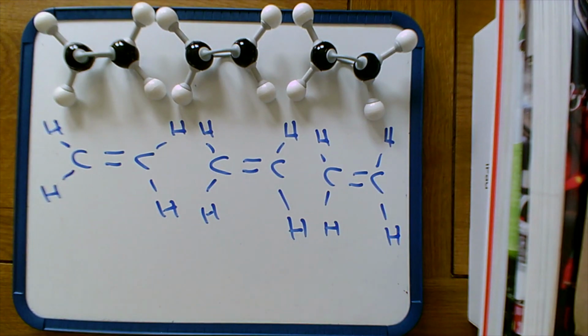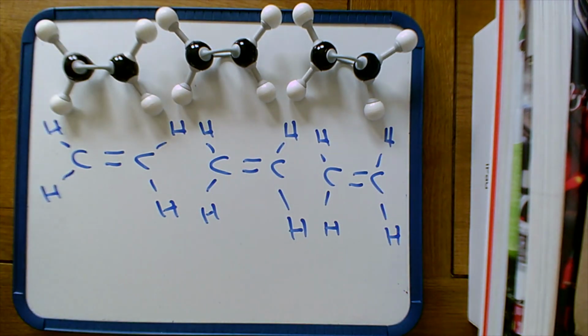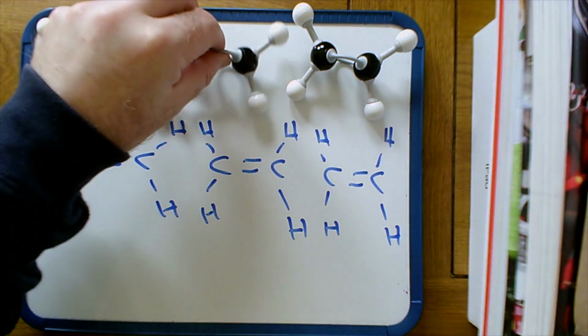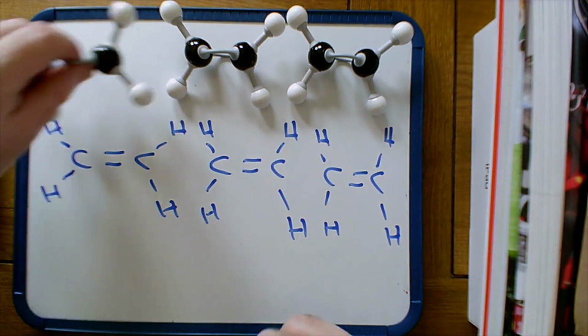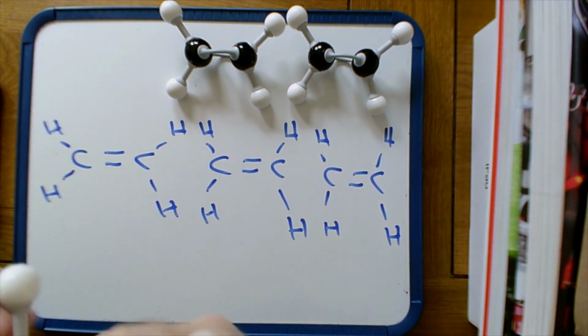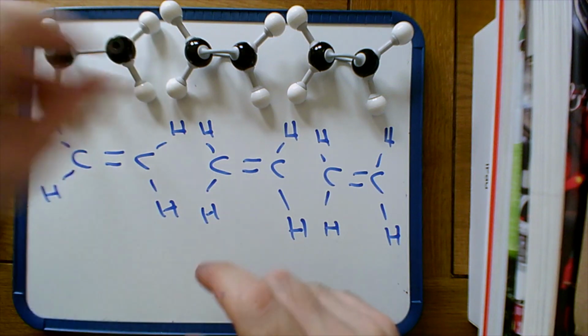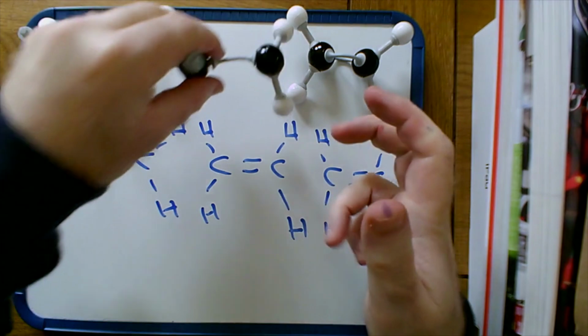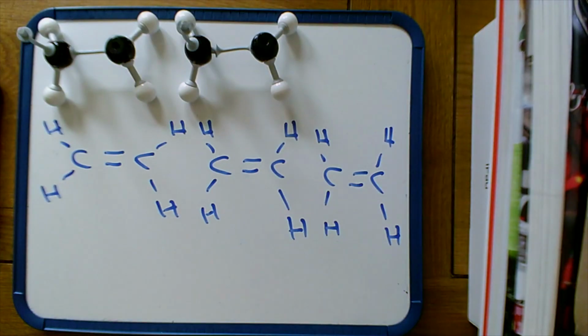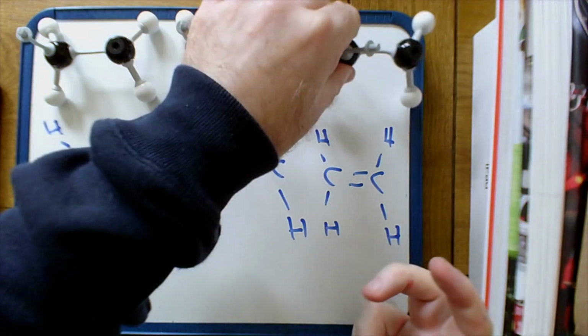So now let's use our molecular models to explain how alkene molecules can join together to form a polymer. I'm going to start with just 3 ethene molecules, and I've made models to represent them, and I've drawn their structural formulae. Now remember, when alkenes react, the double bonds break. So I'm going to break the double bonds of my 3 ethene molecules.